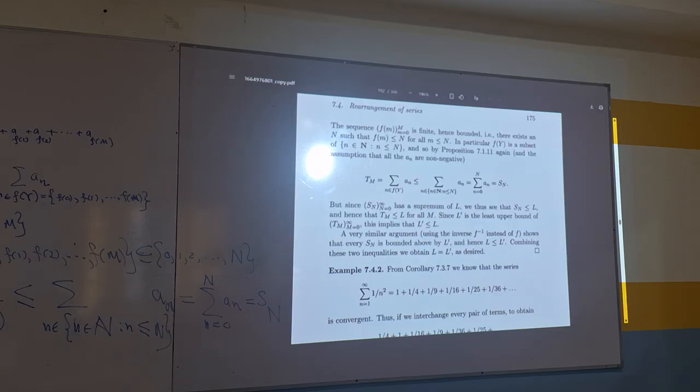So that shows that every Sn is bounded above by L dash, and hence L less than or equal to L dash. Combining these two inequalities, we obtain L is equal to L dash as desired, he says.